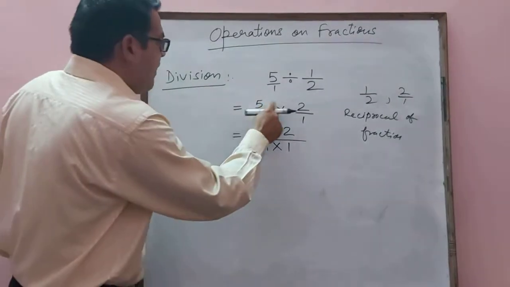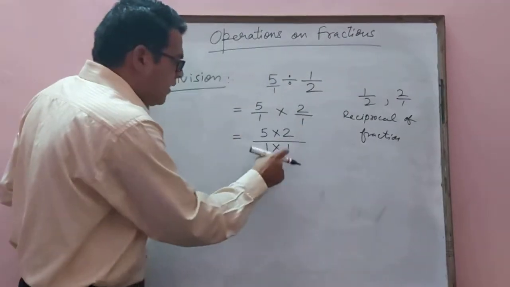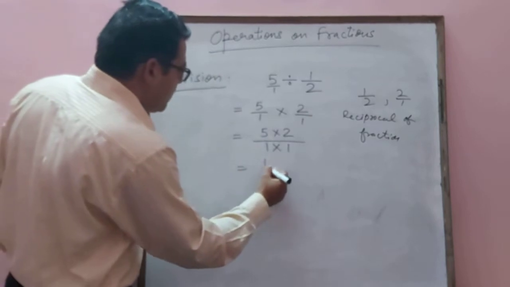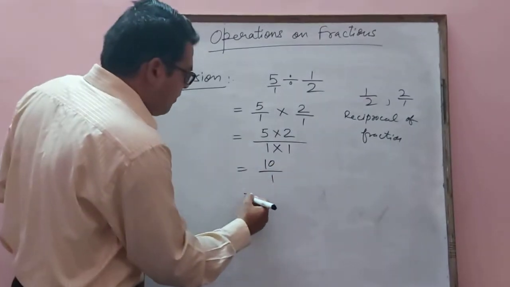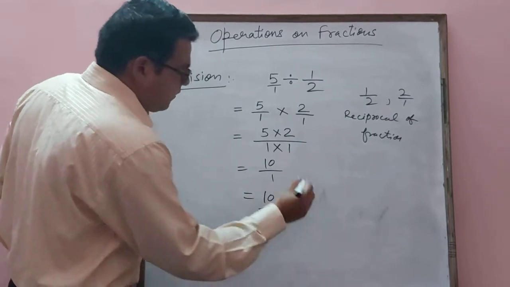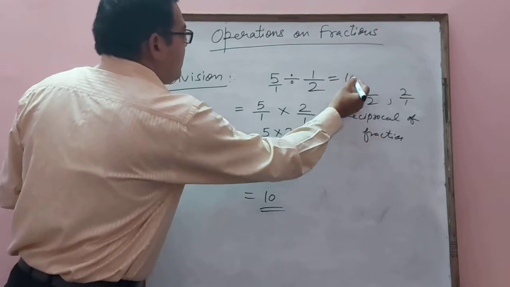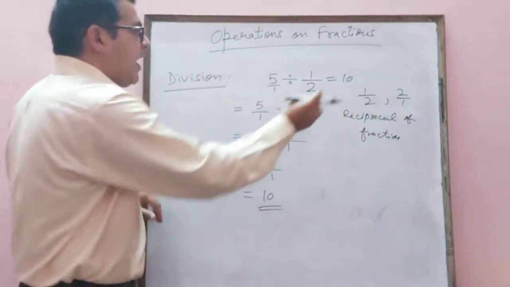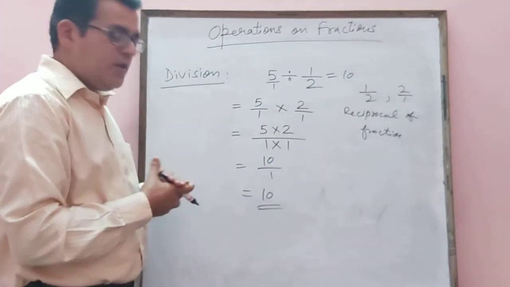So 5 and 2 are the numerators, we can multiply them, and similarly 1 and 1 are the denominators, we can multiply them. So 5 2s are 10, right? And 1 1s are 1. So 10 by 1 means 10 only. So if we divide 5 by 1 by 2, we have 10. This is very interesting. Hope you understand.